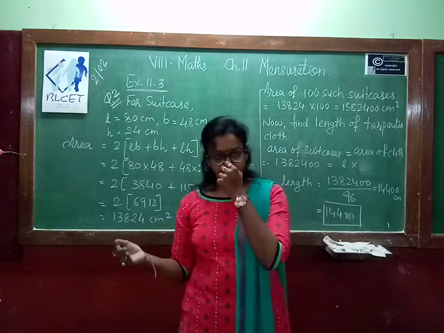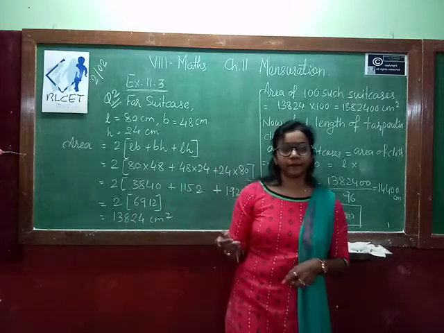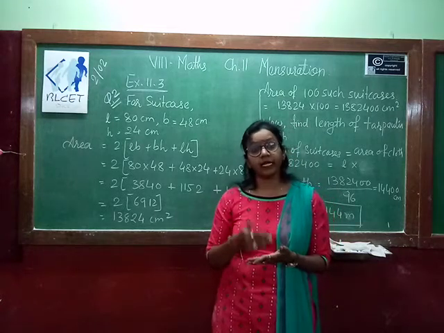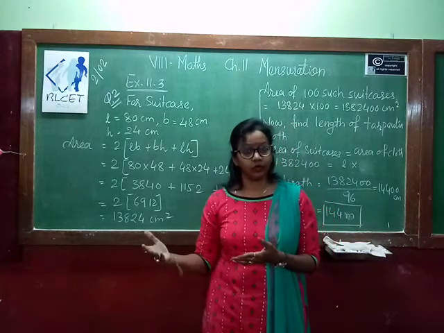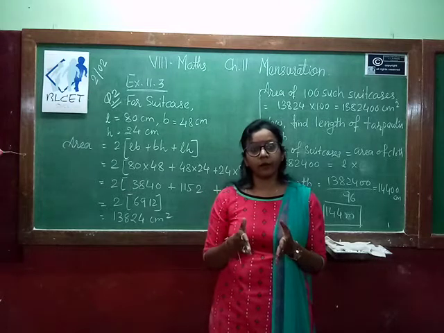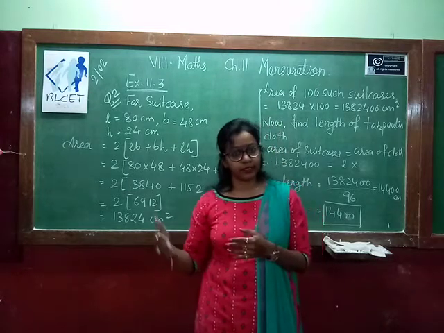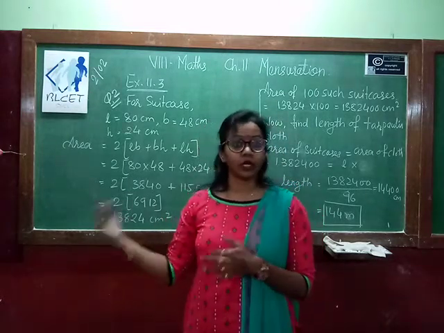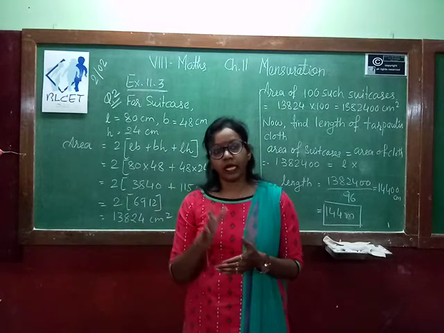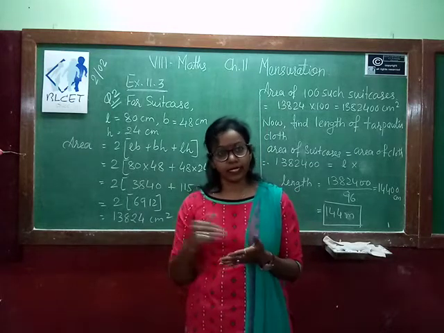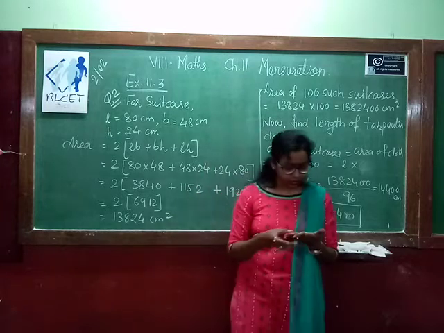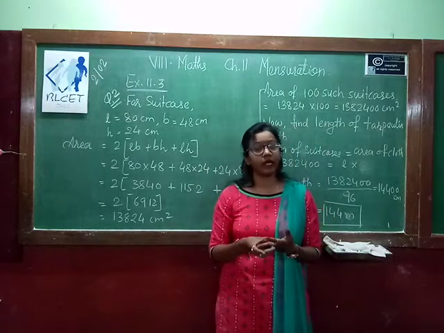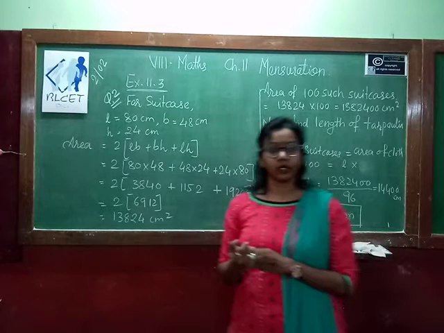The width is given, that is 96 centimeter. So here we have to find the length of the tarpaulin cloth. For that we compare: area of 100 suitcases is equal to area of tarpaulin cloth. In that we will substitute the values and we can find the length of the tarpaulin cloth.